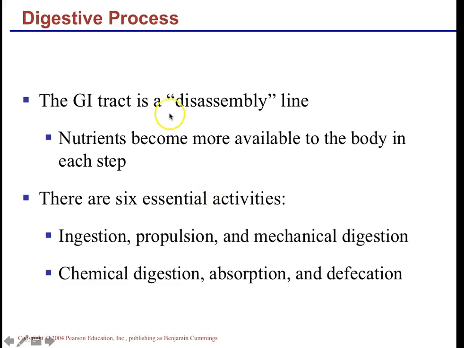I like the term disassembly line, because the food that we eat is much too large to be absorbed into the cells of our body, so it has to be disassembled. Just as an overview, you have large carbohydrates like starches. They need to be broken down into single sugars like glucose, and then you can absorb the glucose and the cells can use the glucose.